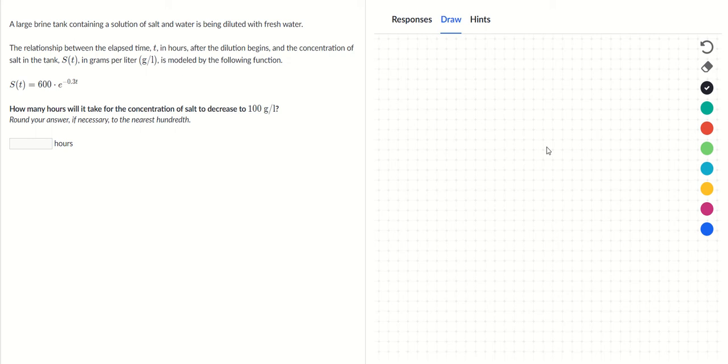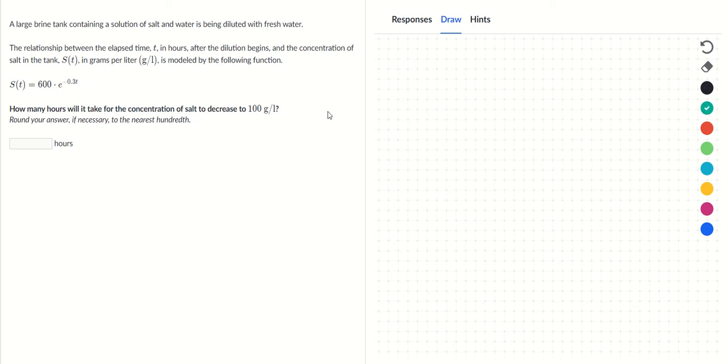S of t equals 600 times e raised to the negative 0.3 t. How many hours will it take for the concentration of salt to decrease to 100 G divided by L? Round your answer, if necessary, to the nearest hundredth.